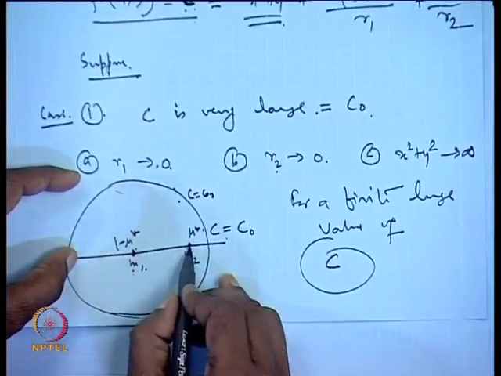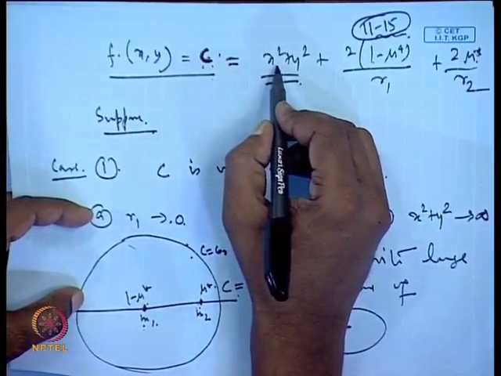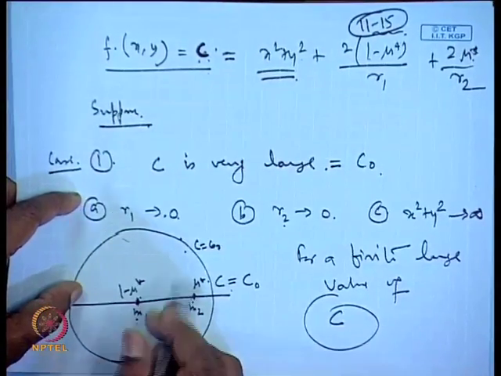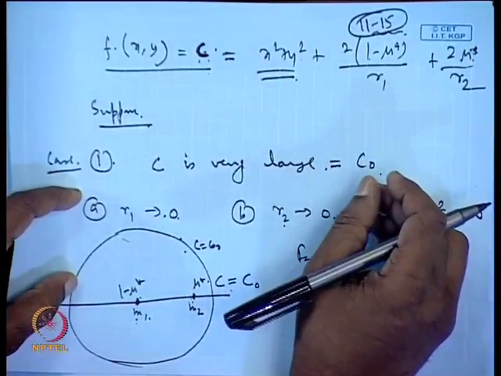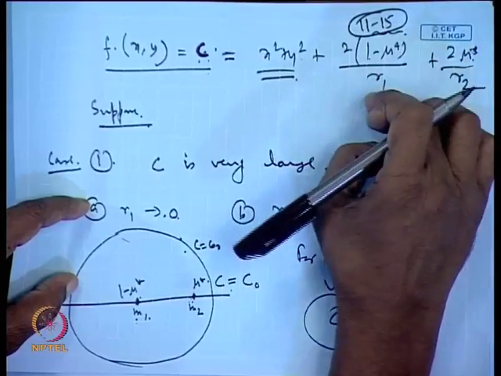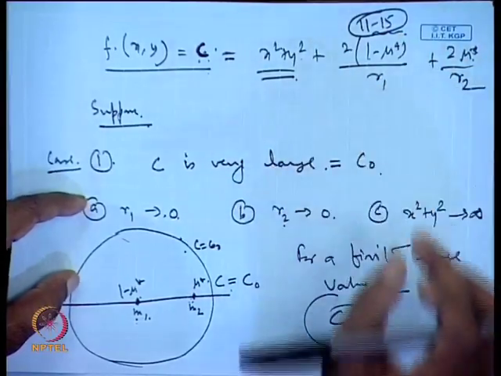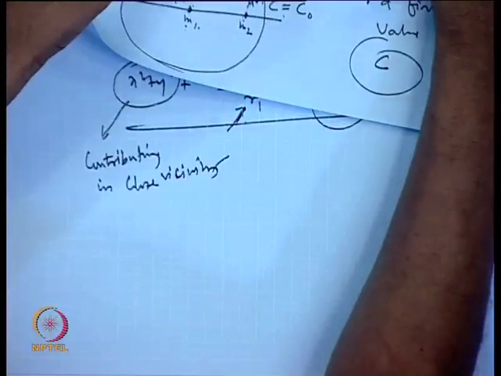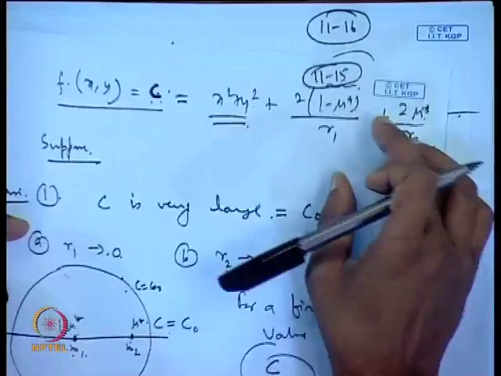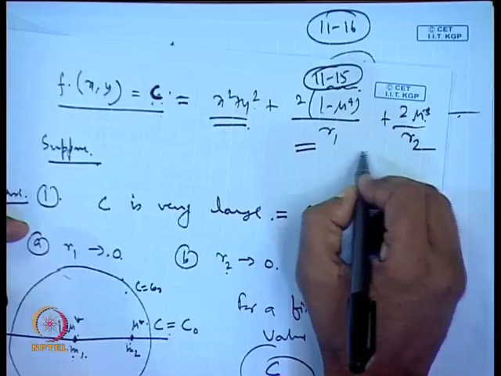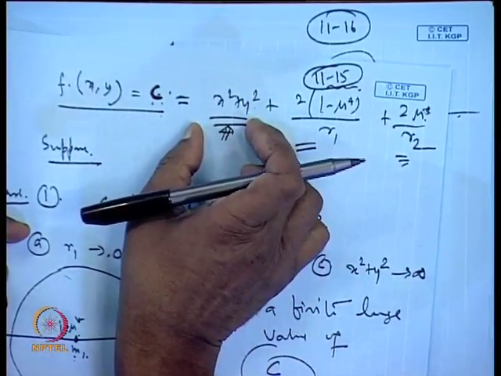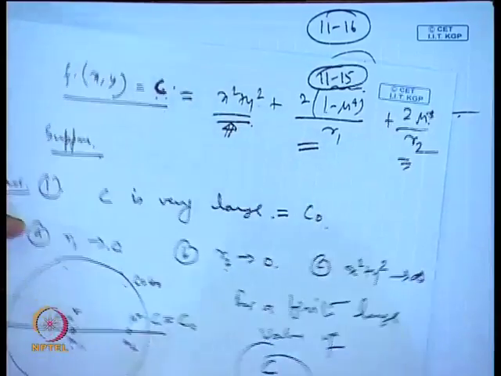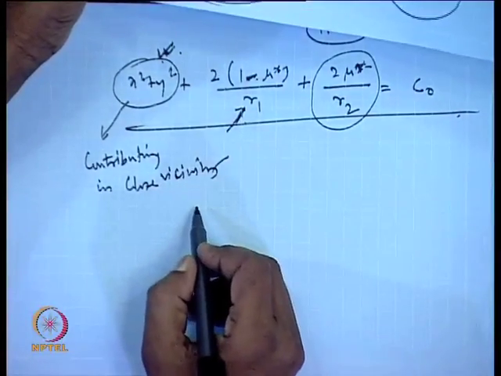If this mass is very large as compared to this mass, the barycenter is lying quite close to this one, so this quantity will add a small amount, because this R 1 is small. This quantity will become large and this quantity will become small, and this is also not very small, but this contribution still is there.